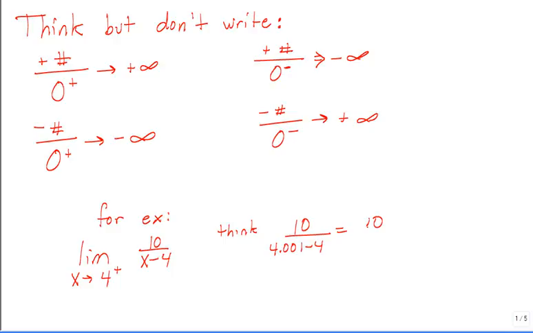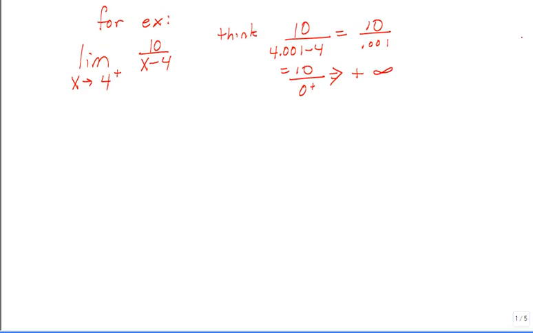That's going to be 10 over 0.001, which is 10 over 0 from the positive side. They're both positive, so that goes to positive infinity. Try it from the other side. So the answer is positive infinity.